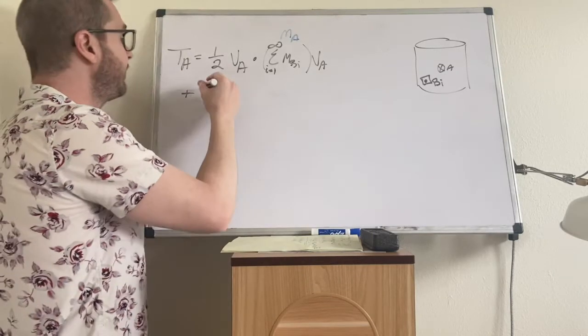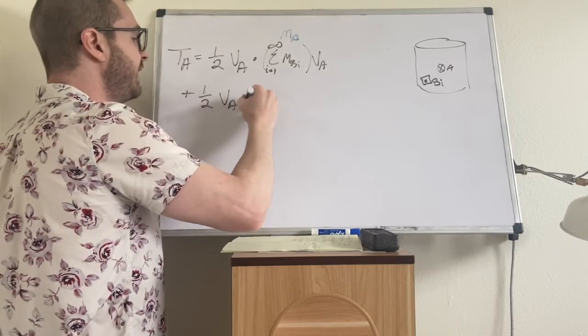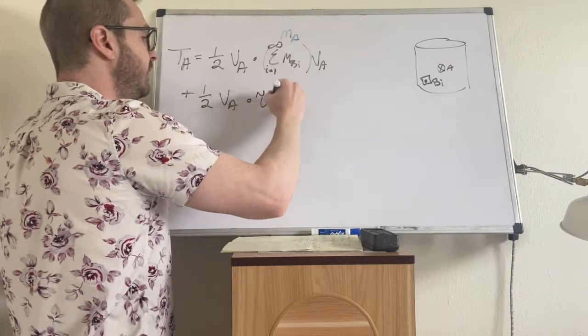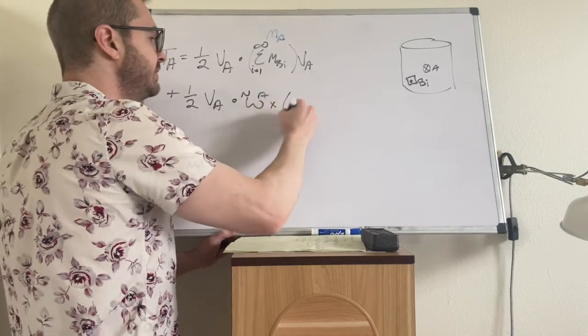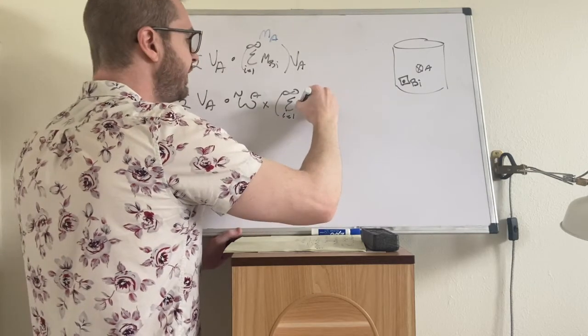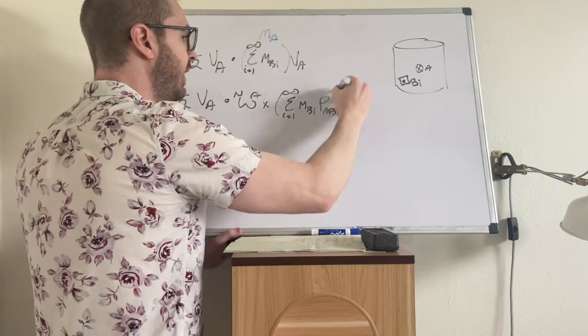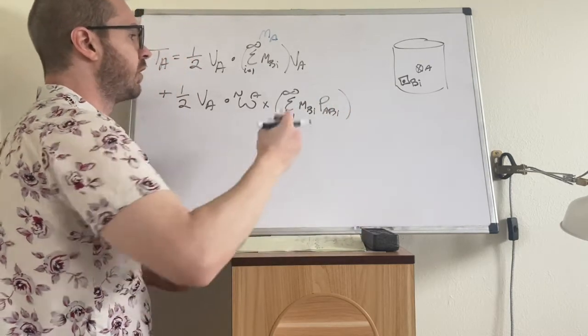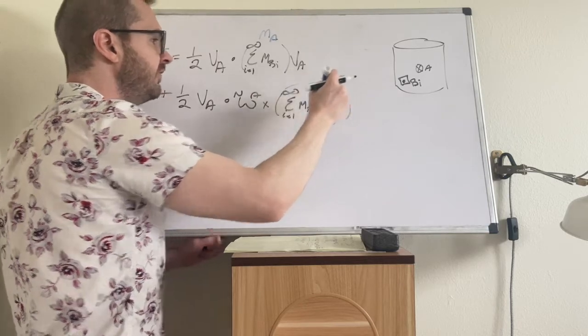The second, here we go. So 1/2 VA dot omega in A. These were both constant with respect to the summation, and here's the remaining term: summation of m_bi P_ABI. And recall from previous derivations that this quantity is equal to 0.